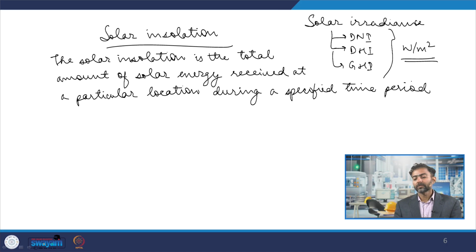So when you are talking about the solar insolation, we are saying it is the total amount of solar energy received at a particular location during a specified time period.